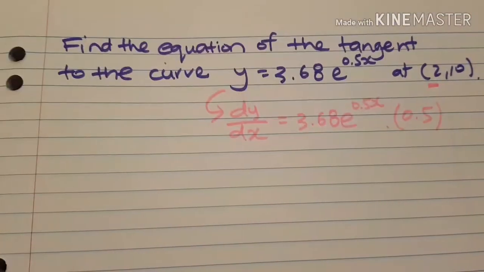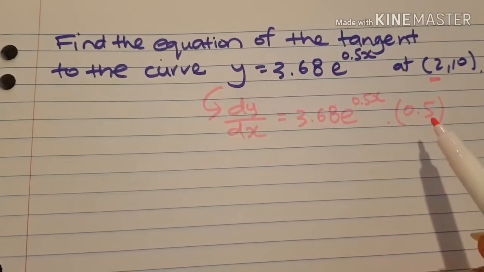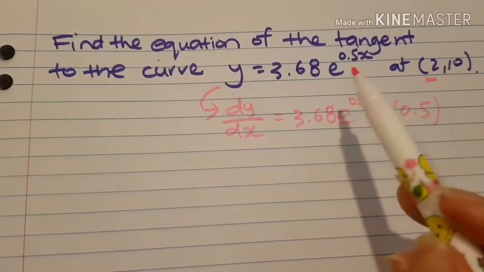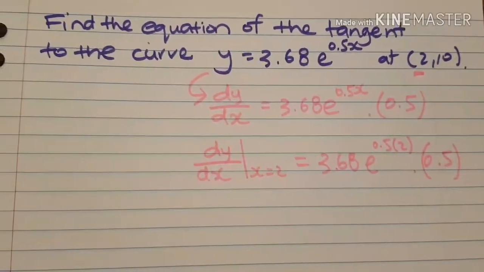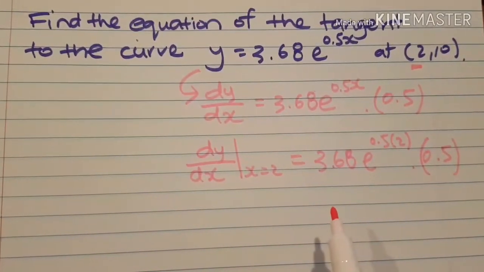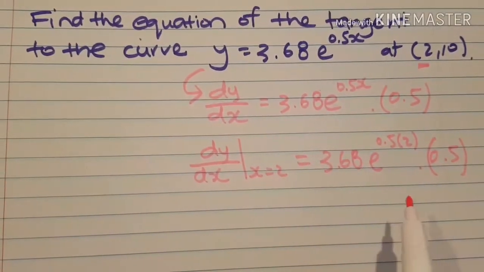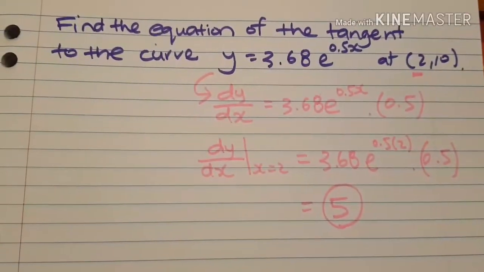So what would it be? Yep, so I differentiated 0.5 and multiplied on the side. Now I need to find the gradient when x is 2. So therefore, I just insert 2 in instead of the x. Okay, and if you put this in the calculator, it will be a very simple number, 5.